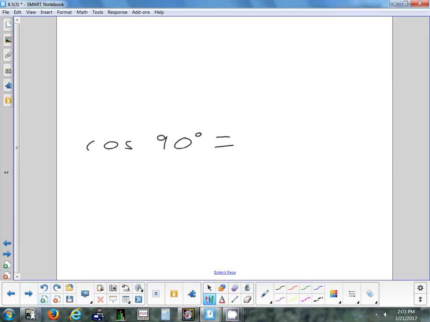On the right side, you would have the dot product on the top and the product of the magnitudes on the bottom. You're going to see in a second, it doesn't really matter what's on the right-hand side, because watch what happens on the left. What's the cosine of 90? 0.